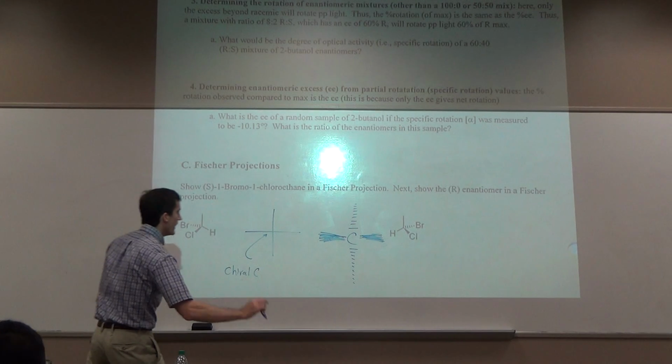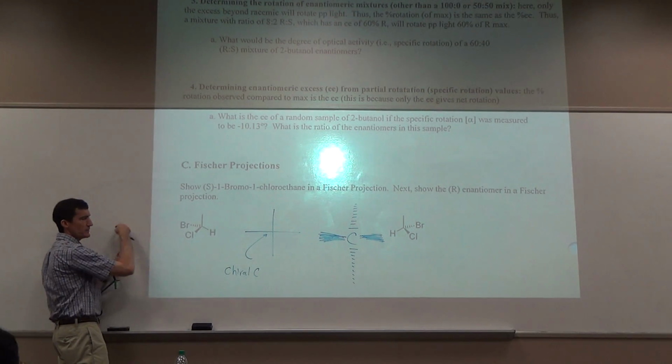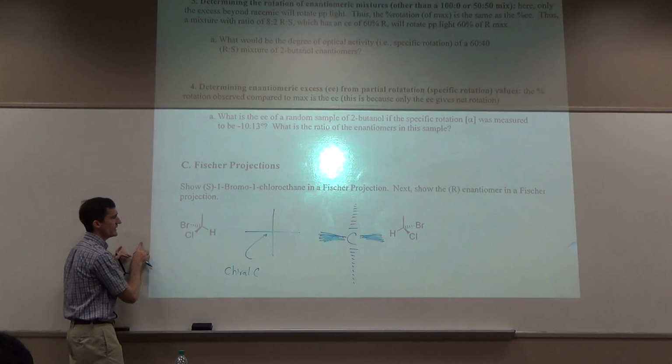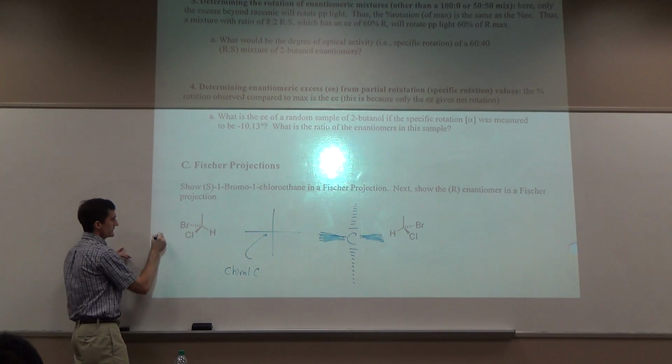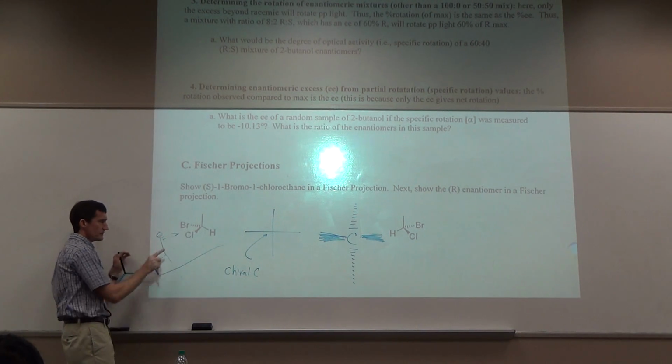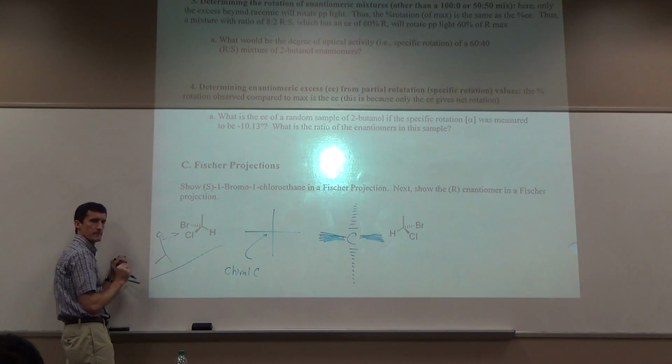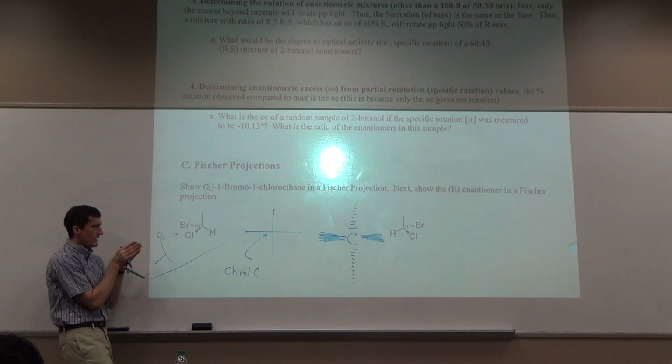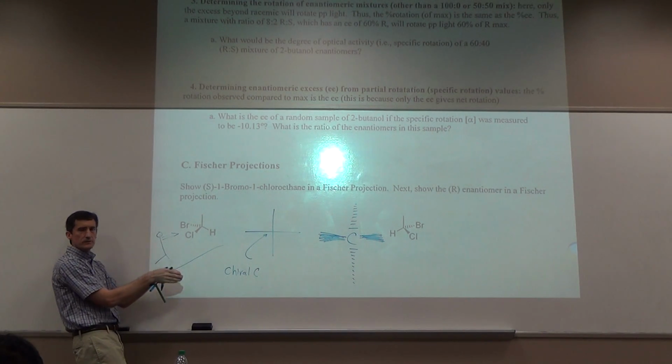Now, remember how we stood on the side with the Newman projections? We do that here. We're going to stand over here with our feet on the ground, and we're going to look through here. I'm looking at that carbon right there. Now on that carbon, I see something going straight up.